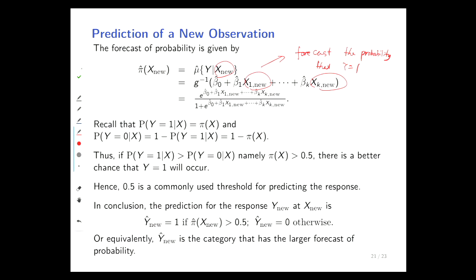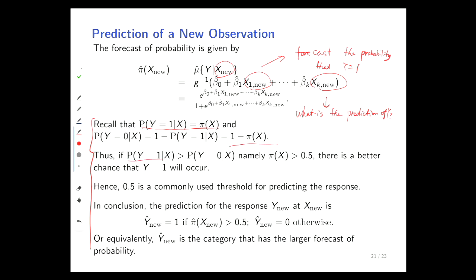So the next question is, based on this forecast probability, what is the prediction of y? If we have the probability, how can we obtain the prediction of y, either 1 or 0? Let's look at the logic here. Remember that pi(x) is the probability of y equals 1, and 1 minus pi(x) is the probability that y equals 0.